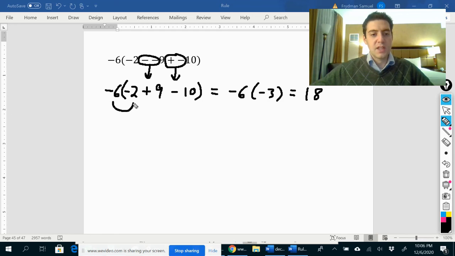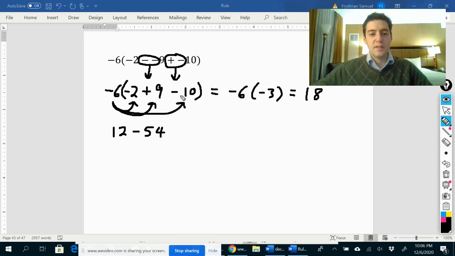So negative 6 times negative 2 would give me positive 12. And then negative 6 times positive 9 would give me negative 54, and I'm just going to write minus 54. And then negative 6 times negative 10, again, this is subtraction, but I'm going to treat it like a negative.